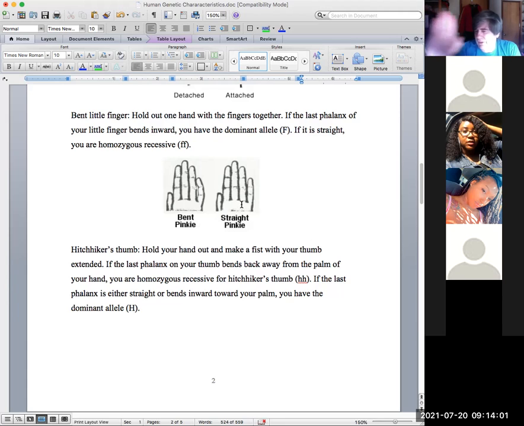The way you can tell is to hold your hands up so that your fingers are next to each other. If you look at my little finger, it's basically straight. It's basically parallel to the other fingers. So I have a straight little finger. If it twists in at this last joint, then it's bent.